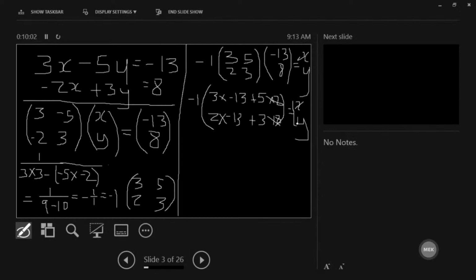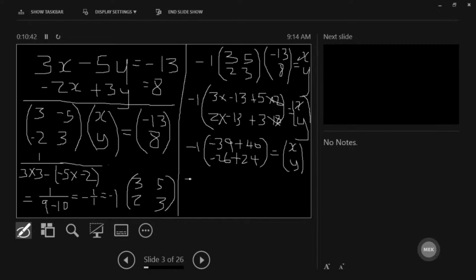And these two should be in brackets. I just don't have any space. So simplifying that, 3 times -13 is -39, and 5 times 8 is +40. 2 times -13 is -26, and 3 times 8 is +24, equals x, y.